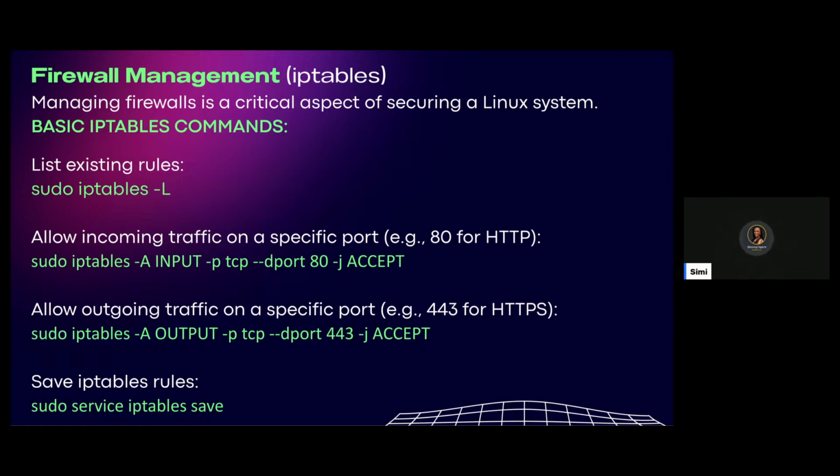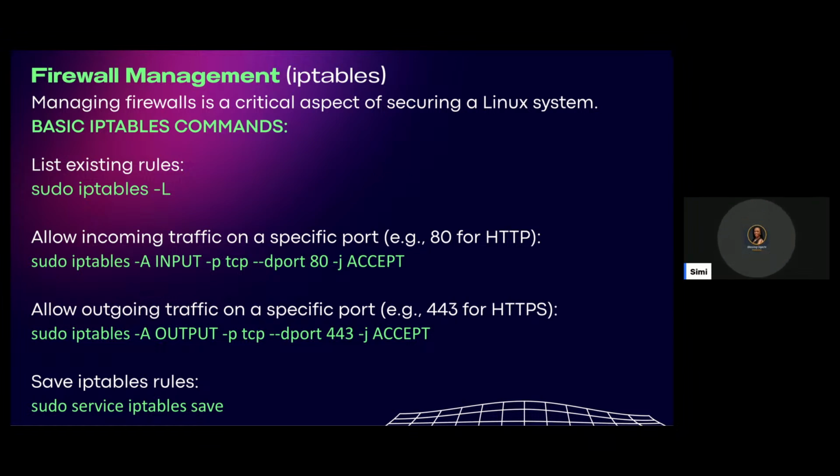You type sudo iptables, then the -A flag, then INPUT, then -p for the protocol you are using, then the destination port, which is --dport, then the rule you want to append, which is the last part, either accept or deny.